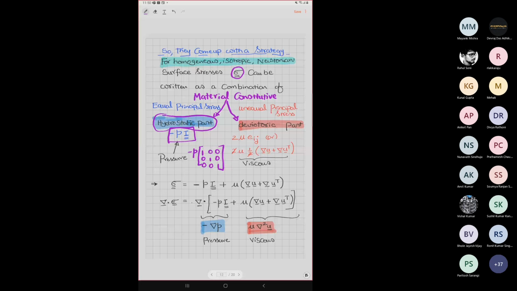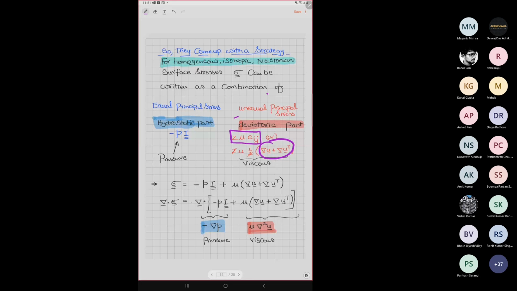Such a complicated state, I will try to break it down into hydrostatic part and deviatoric part. And the deviatoric part I'm going to balance in terms of whatever deformation is happening inside the system as 2 mu multiplied by your strain rate tensor.